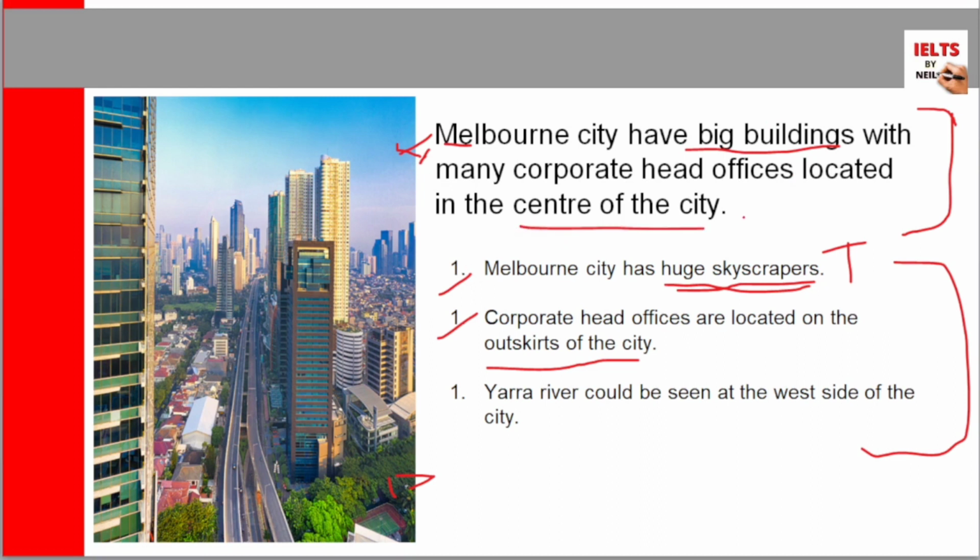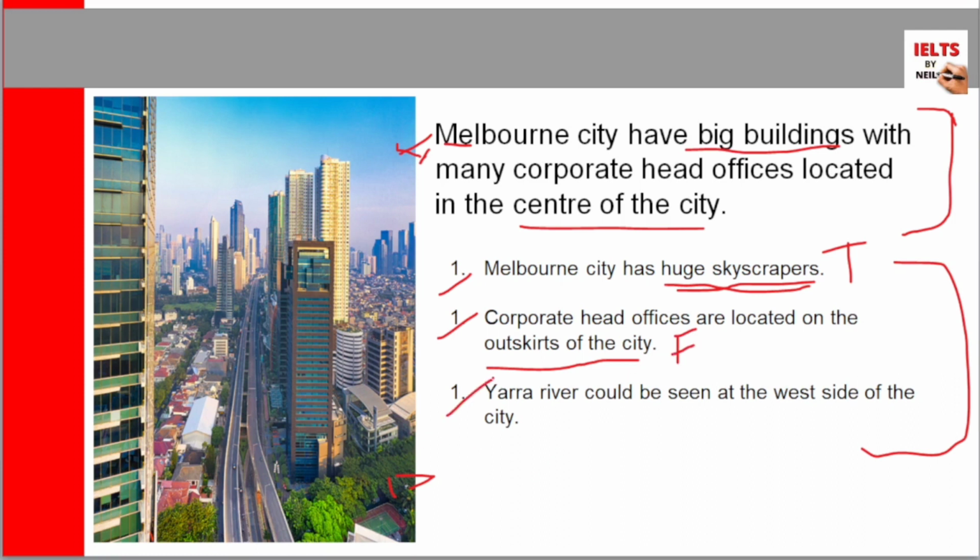See, the text is saying that the head offices are located in the center of the city, and the question is saying the head offices are located on the outskirts of the city. So this is a contradiction here, right? So the question and the information in the text are contradicting each other, so it will be false.